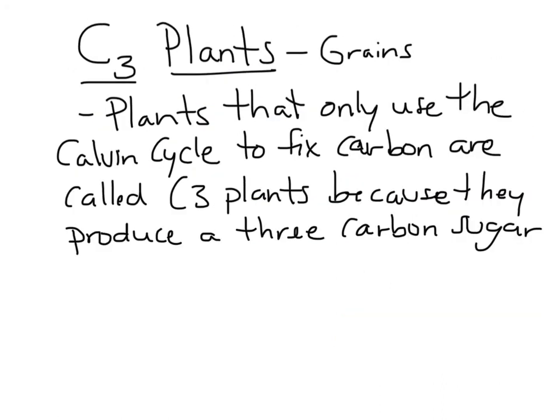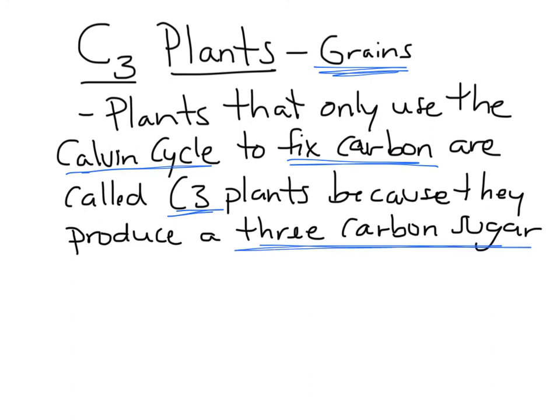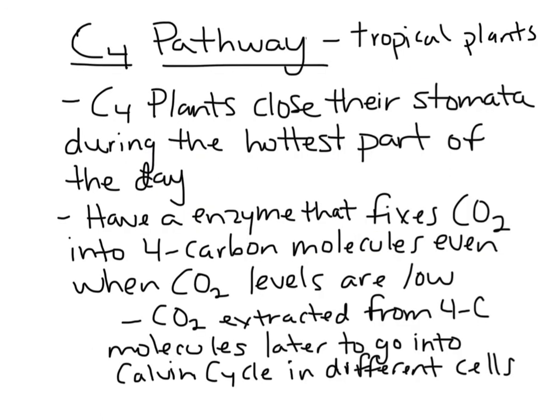So there are different types of plants that go through these different types of processes with the Calvin cycle. The C3 plants, these are grains. These are plants that only use the Calvin cycle to fix carbon, and they're called C3 plants because they produce 3 carbon sugars. We have C4 plants, or C4 pathway.